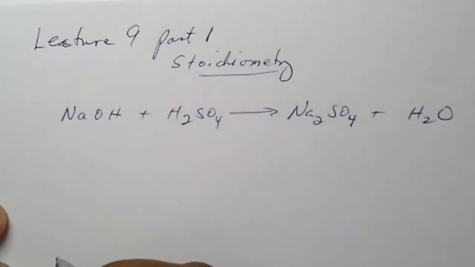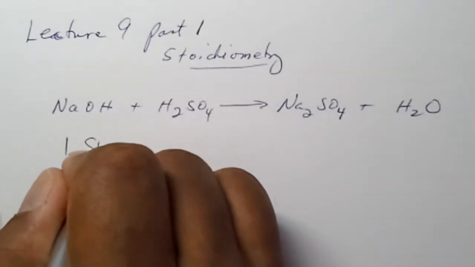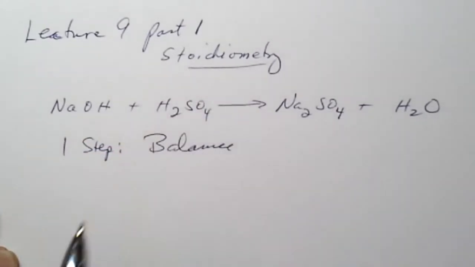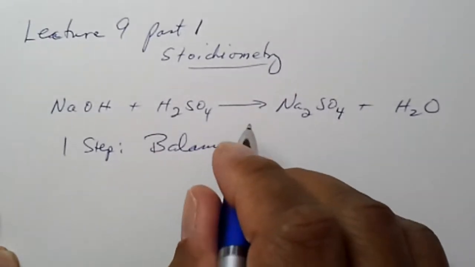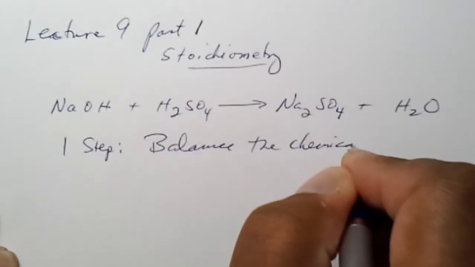Now, whenever given a chemical reaction, the first step is to balance. Alright? Very important to balance the chemical reaction.